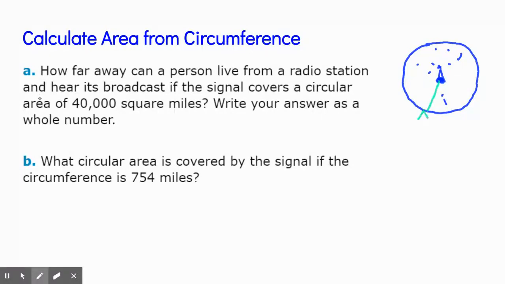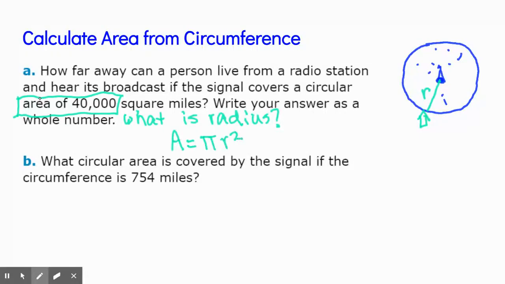So a person can live out here and still hear the radio station. Well, the distance from the center to the outside is our radius. So we have an area and we have pi. We need to figure out what is the radius. So area equals pi r squared. So we are looking for r in this one.